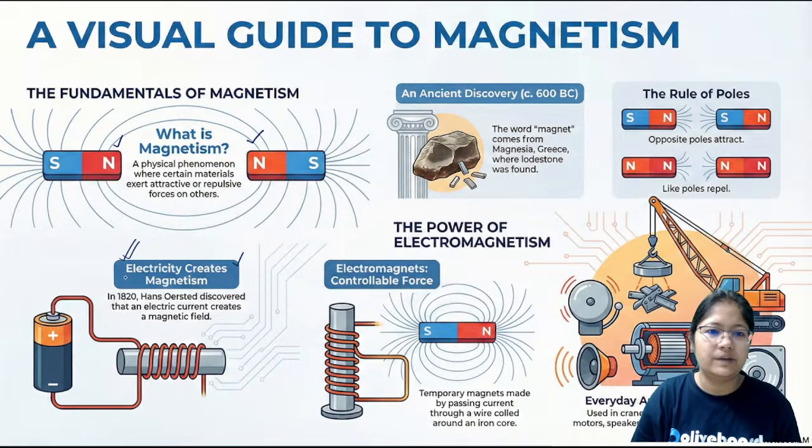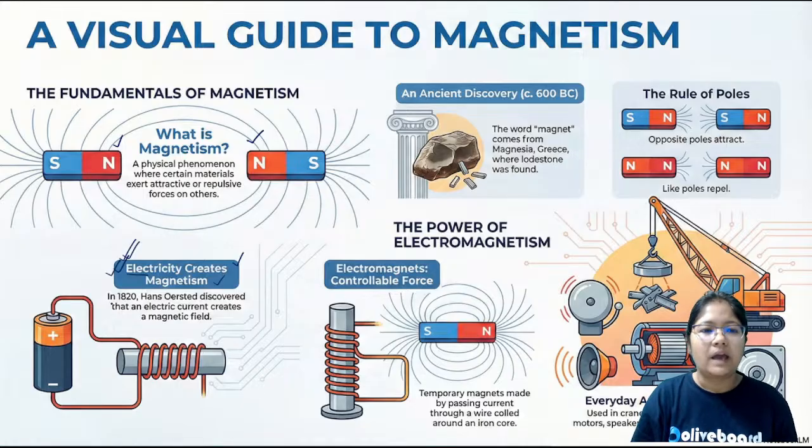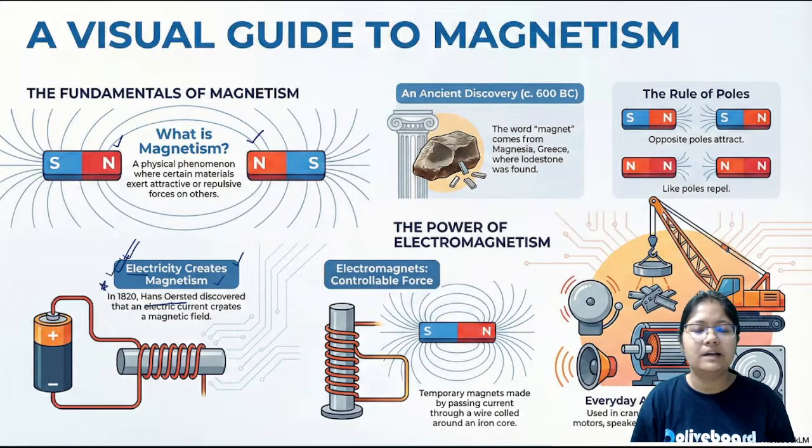So in electricity, anything that has electricity passing through it will show magnetism. And in 1820, Hans Oersted discovered that electric current creates a magnetic field. Electric current creates a magnetic field.